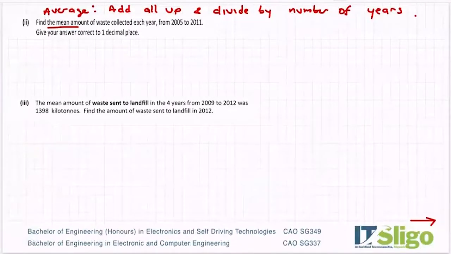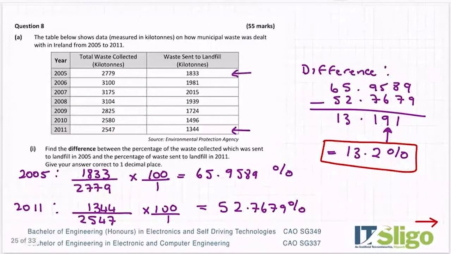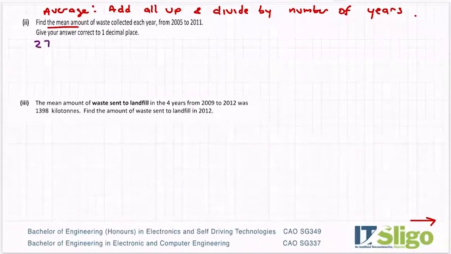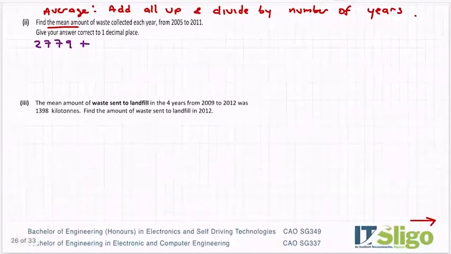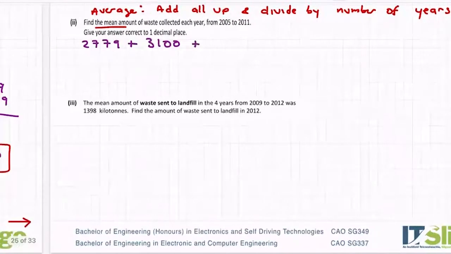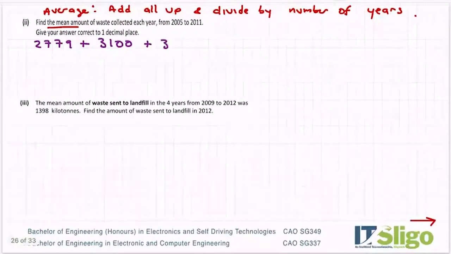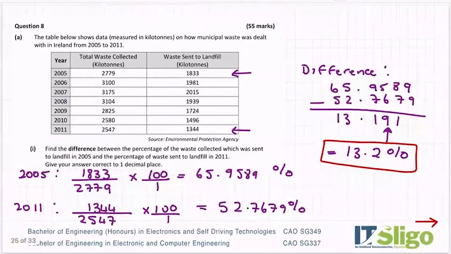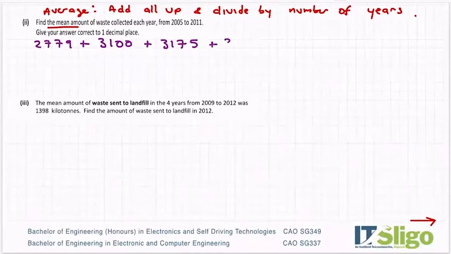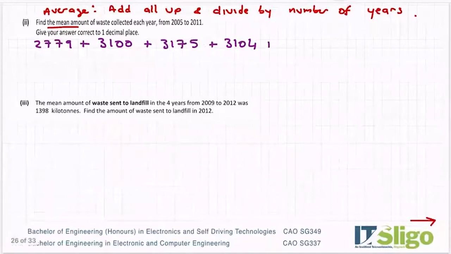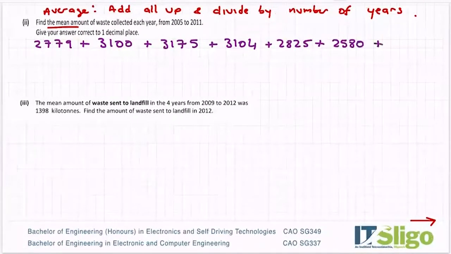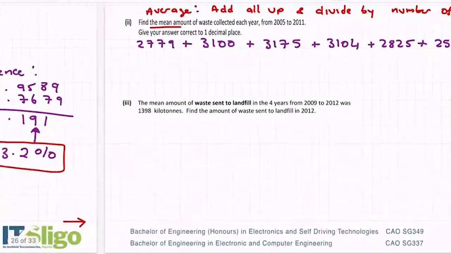Okay, well, let's add. Sorry, now I'll be flicking over and back. So 2779 plus 3100 plus 3175 plus 3104 plus 2825 plus 2580 plus 2547.